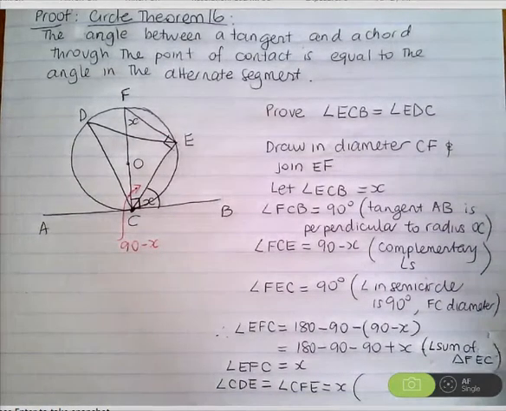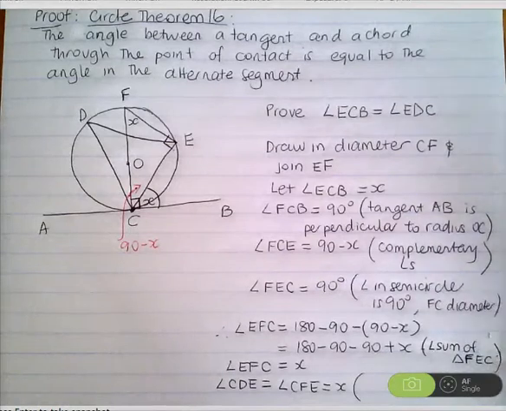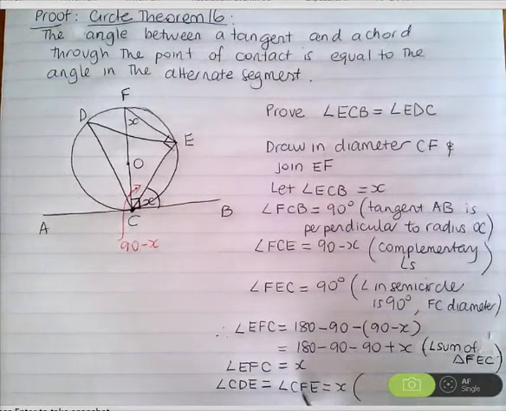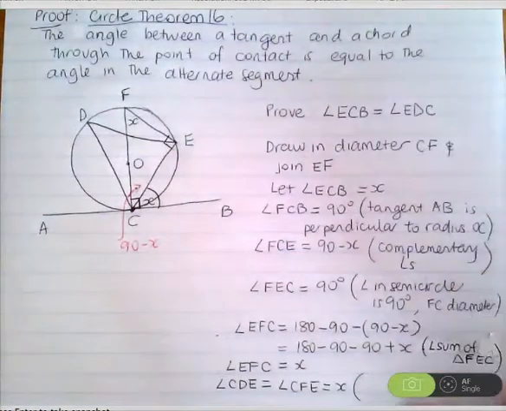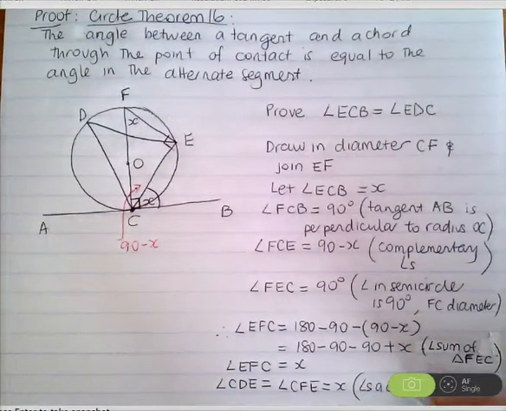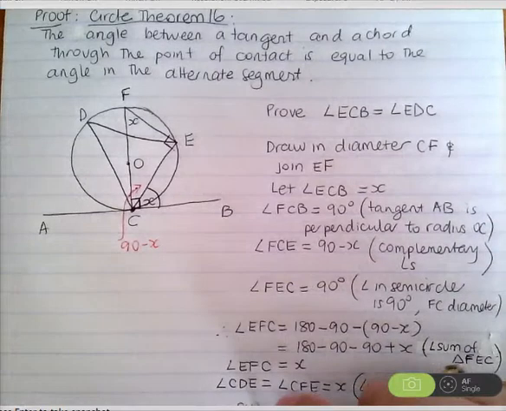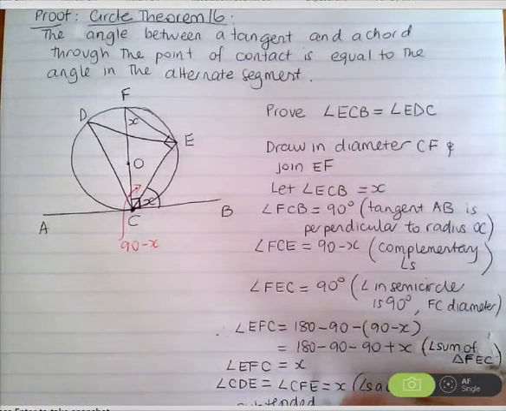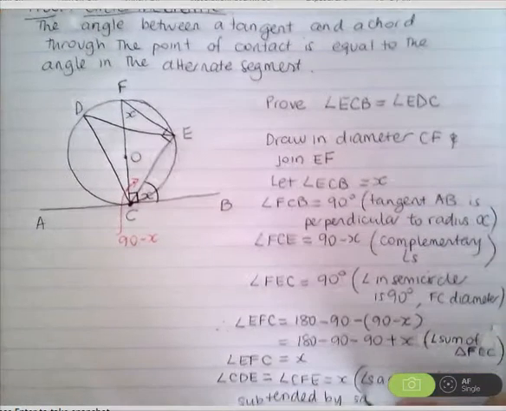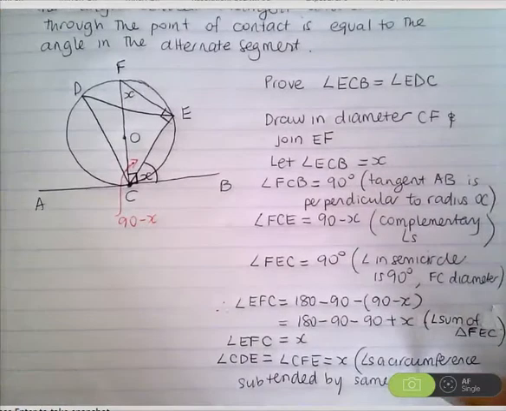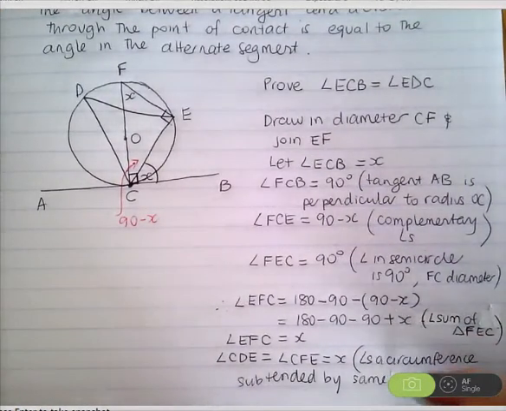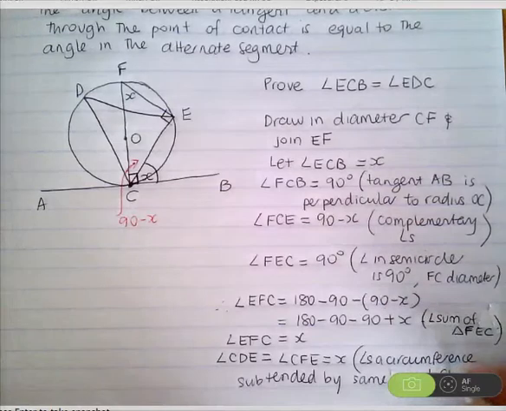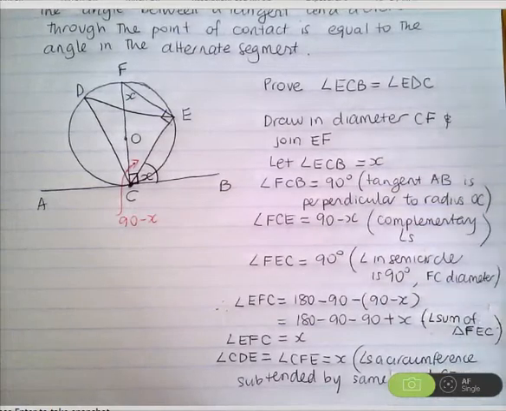Okay, bit hard to read, but it's fine. So angle CDE equals angle CFE equals X. Those two are angles at the circumference subtended by the same chord CE, so they are equal.